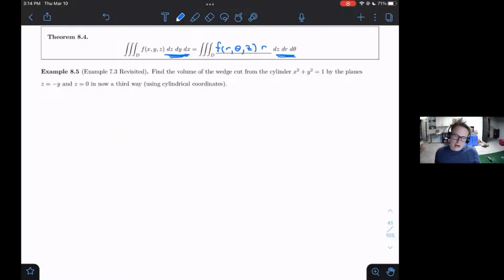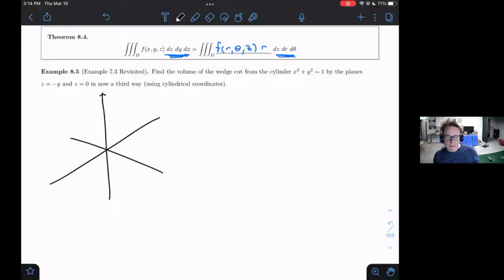So again, the first thing that I recommend anytime you are doing an integration problem is that you get a good sketch, an idea of what's going on here. So let me go ahead and sketch here. x squared plus y squared equals 1. I'll sketch this one in blue. x squared plus y squared equals 1 is, of course, our nice circle in the xy plane.